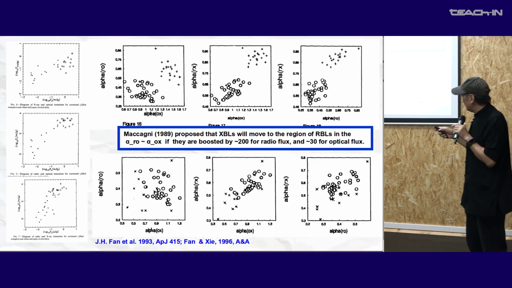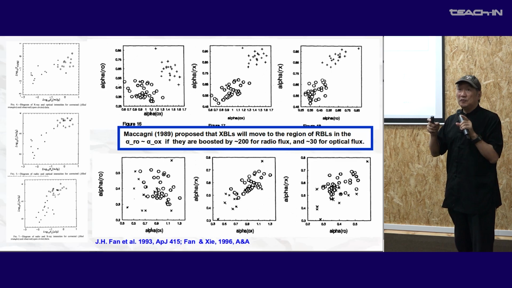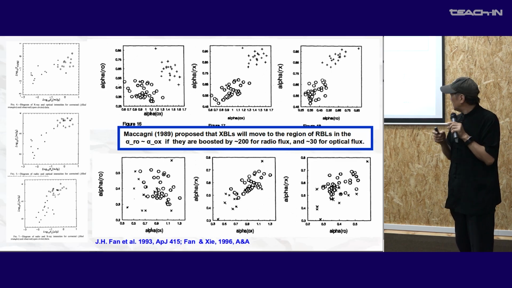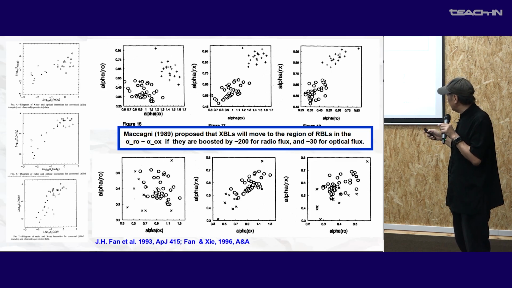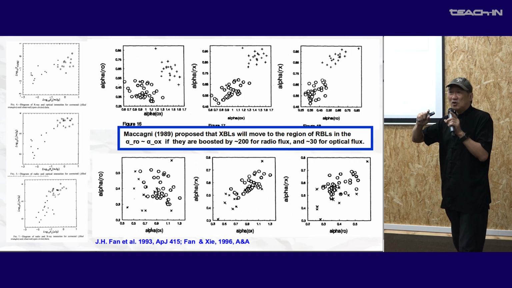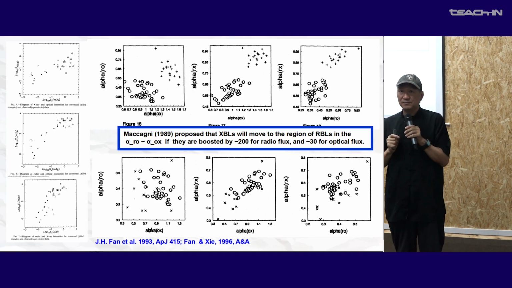Padovani found that if we consider the spectral index in the plot, the radio selective BL object occupies this region, and the X-ray selective occupies this region. So they occupy different regions.